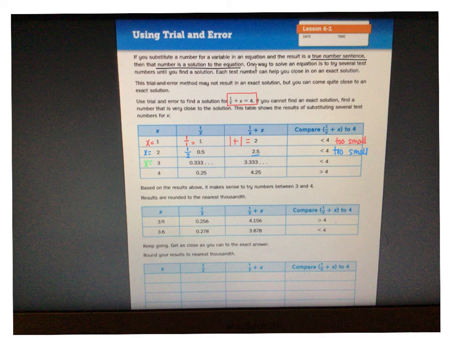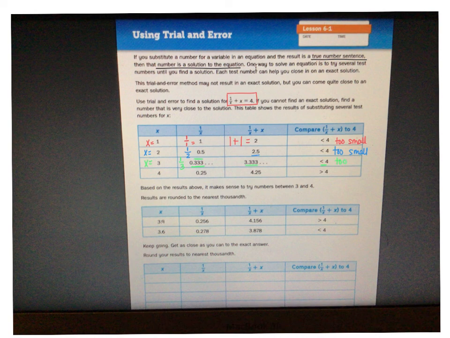When I put 3 in here for x, I get 1 over 3, which is the same as 0.33333 repeating. When I combine my 1 over x, which is 1/3, or 3/10 repeating, and I add that to my x, which is 3, I get a total of 3.3 repeating. Again, my number is too small.